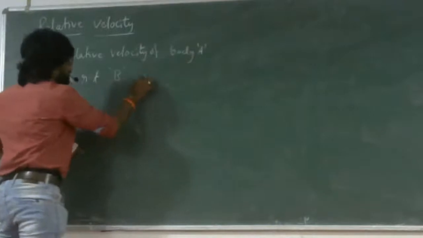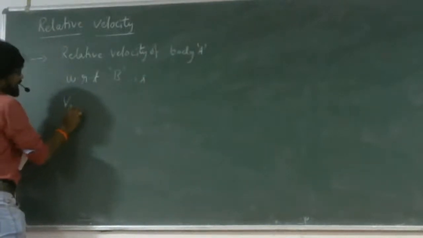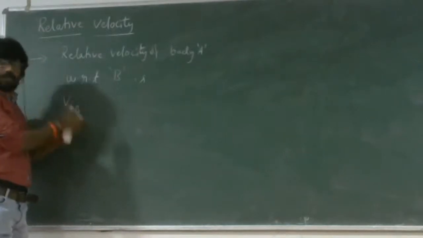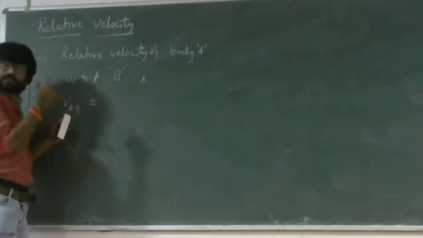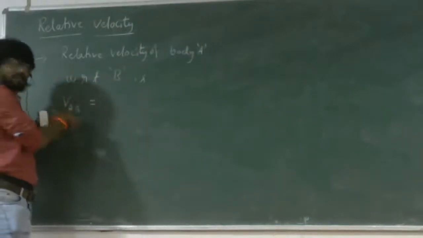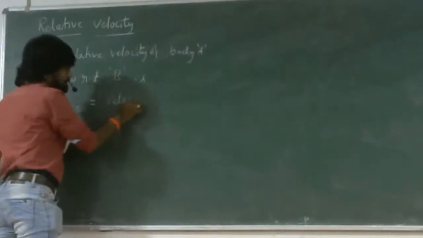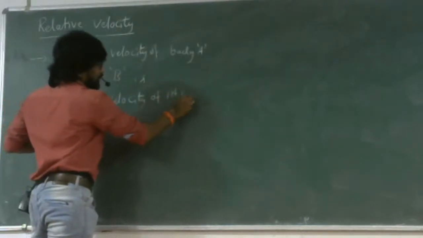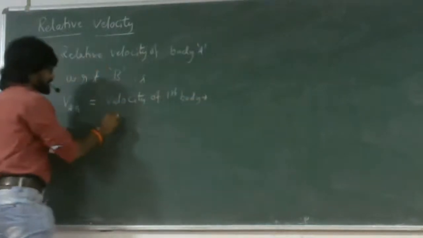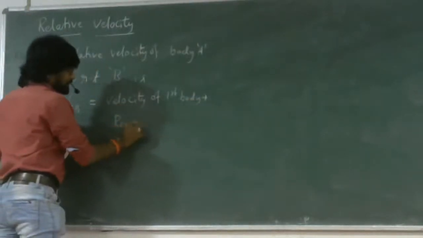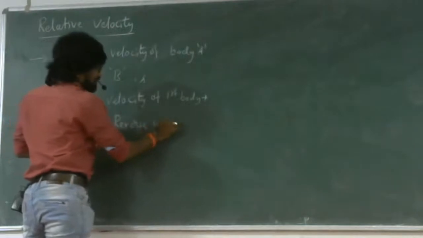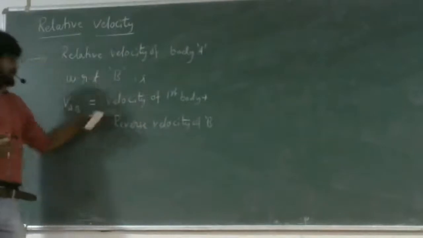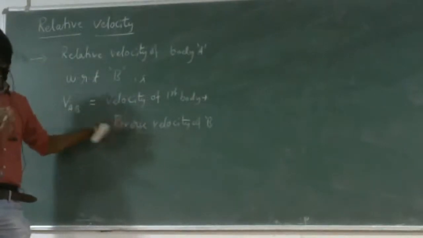It is given by VAB, where A is the first body, B is the second body. VAB is equal to the velocity of the first body, that is A, plus the reverse velocity of the second body.